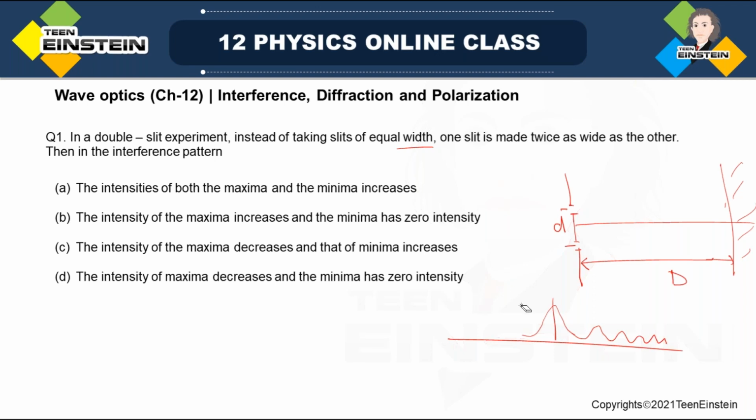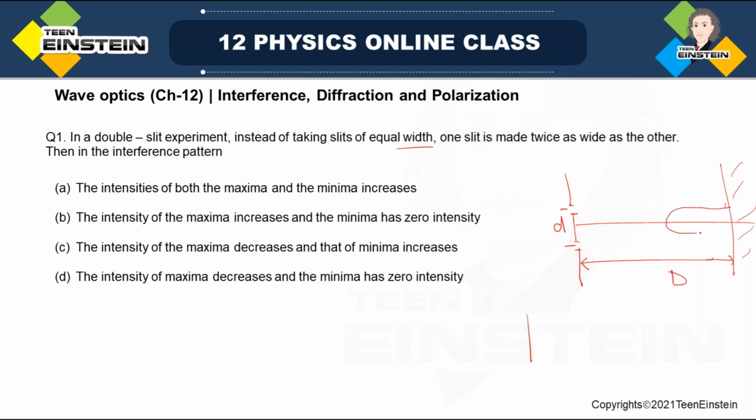In case of interference, the intensity of all the fringes will be the same actually, but there will be dark and bright fringes.